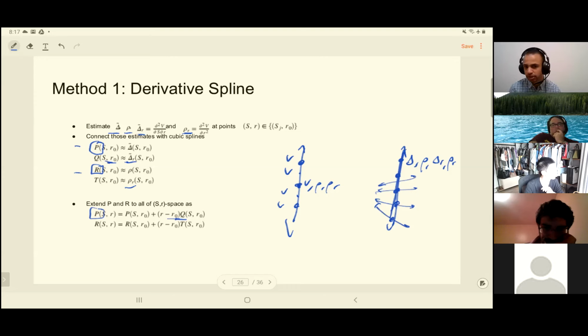The difference, of course, is that by having a spline in S that describes the changing derivative with respect to R, we're able to let the slopes of these lines vary instead of having them fixed across the whole thing.